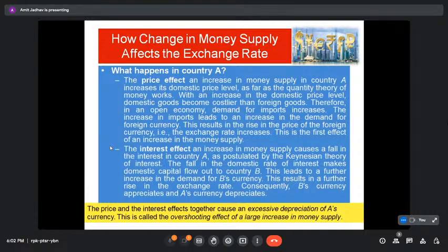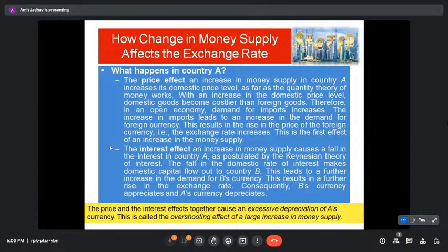As per the theory, the money supply increases with an increase in the domestic price level, so domestic goods become costlier. If we have a higher money supply, the cost of production of domestic products will increase, and domestic products will have a higher price.